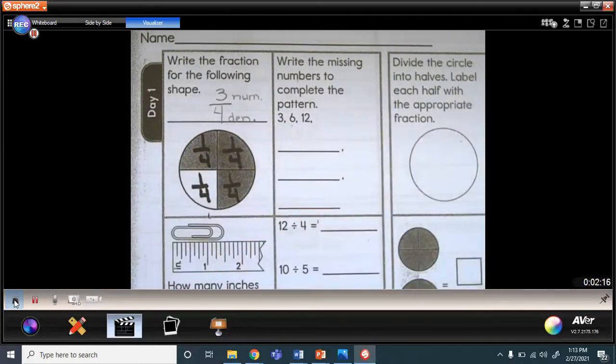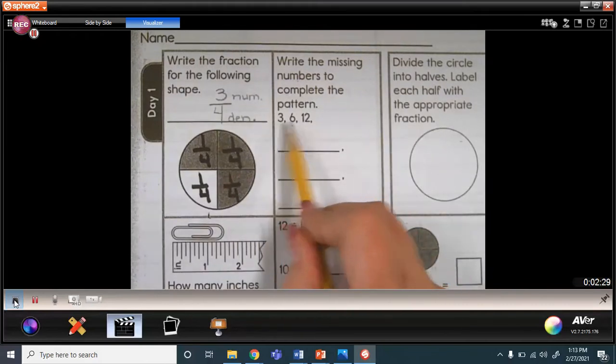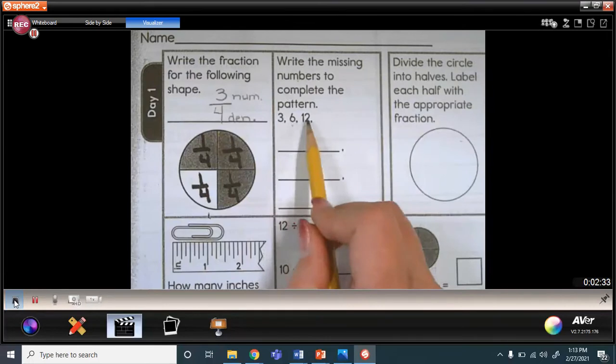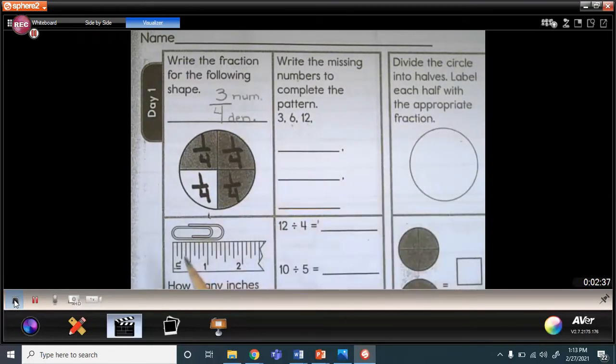Wait a minute. Now that doesn't necessarily follow a multiple of 3, does it? So let's take a look a little bit closer at this pattern. Because however these are multiples of 3, we're missing something between the 6 and the 12. We would be missing 9, so we're not adding by 3.